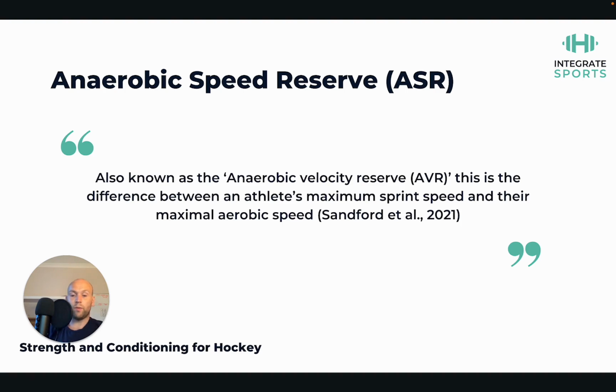Anaerobic speed reserve, which is also known as the anaerobic velocity reserve, is the difference between an athlete's maximal sprint speed, so the fastest velocity they can achieve, and their maximal aerobic speed. So if an athlete has a score of 10 meters per second as a sprint score and 4 meters per second as their maximum aerobic speed score, they would have an anaerobic speed reserve of 6 meters per second. And that would be their anaerobic capacity there.